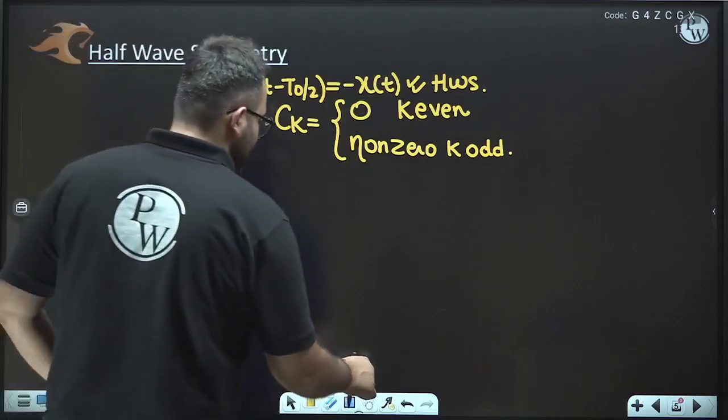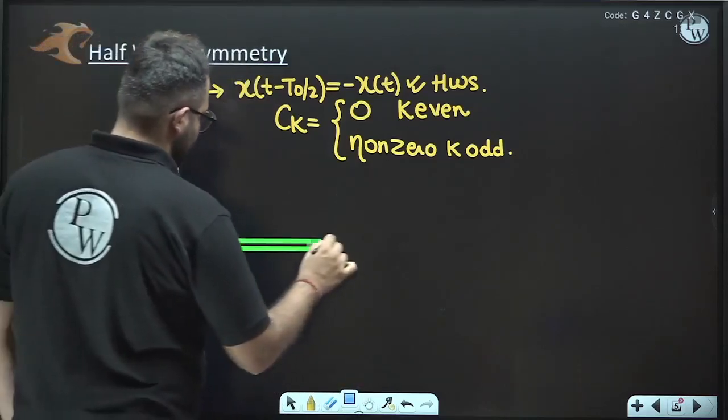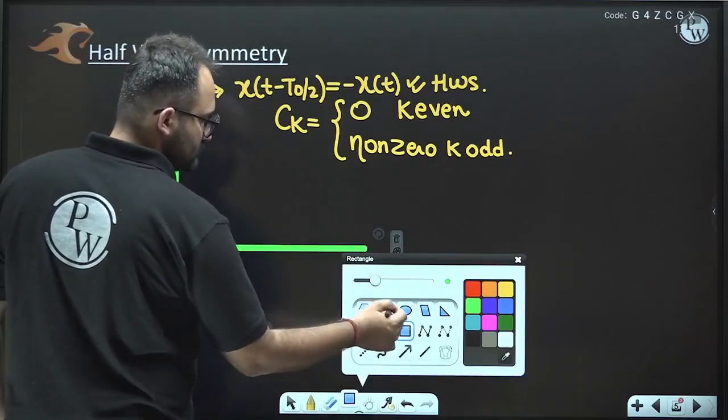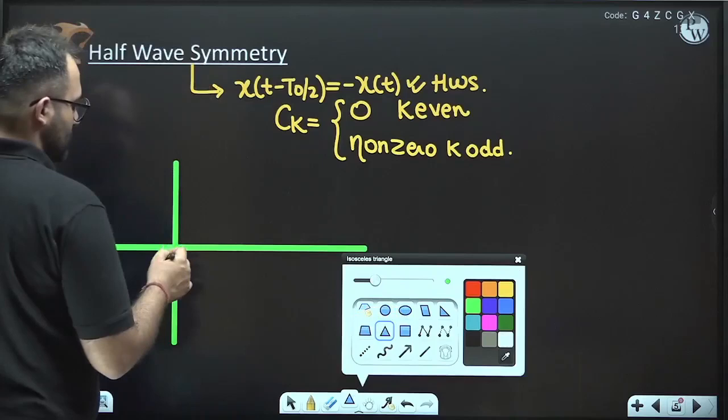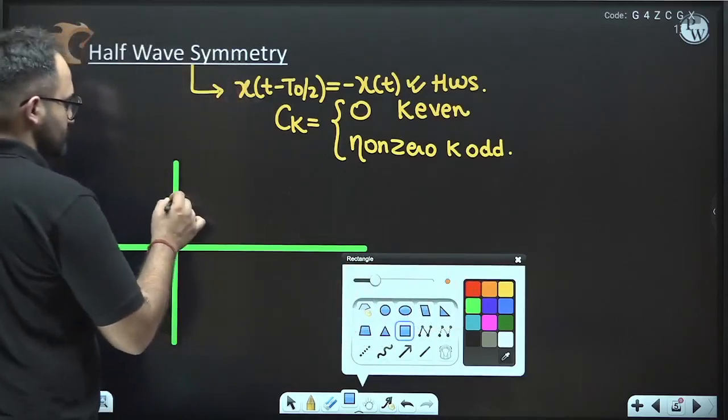Okay, so let's see a signal which has half-wave symmetry. Then we'll talk about the hidden half-wave symmetry also.